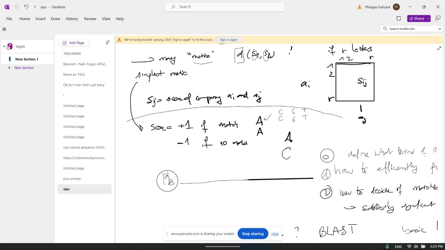I'm not talking here about insertions, deletions, mutations, and gaps in sequences. I keep things simple, and I'm going to use that very simple scoring method to illustrate the methodology.